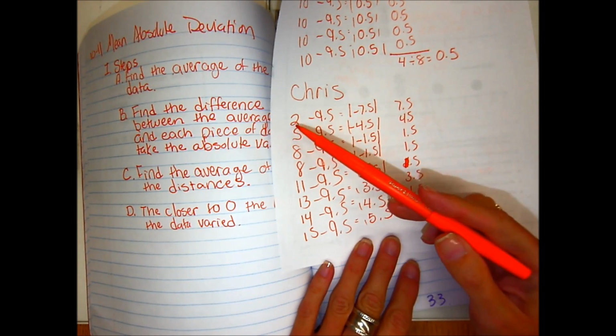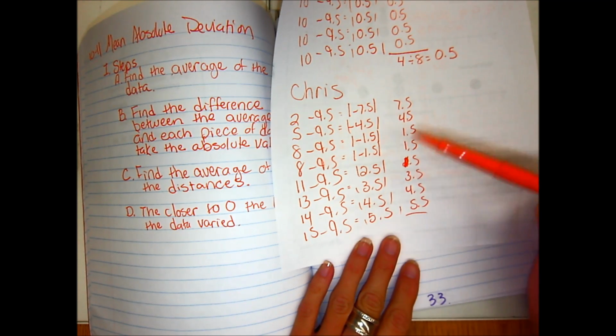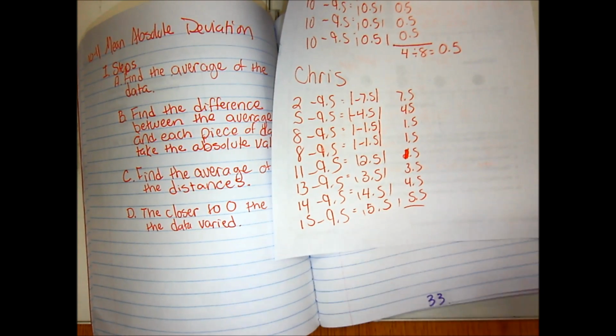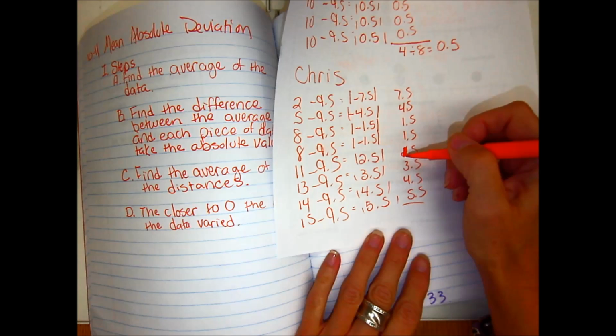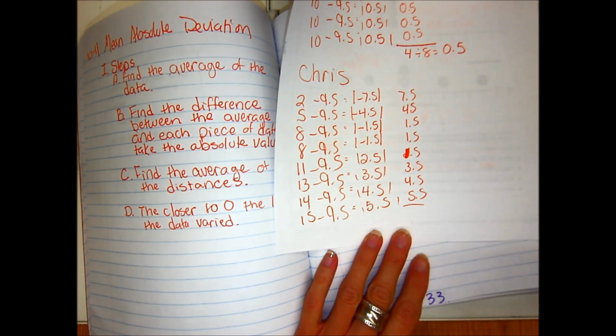We had to take each number and subtract it from the average of 9.5. Some of those were going to be positive, some negative, but again, we want to know on average how far away we were from the average. So here are all my distances from the average, and when I add all of those up, I got 35. Should have gotten 30.